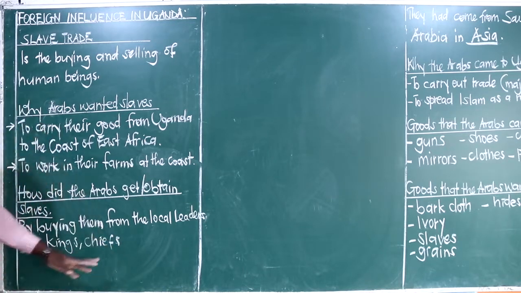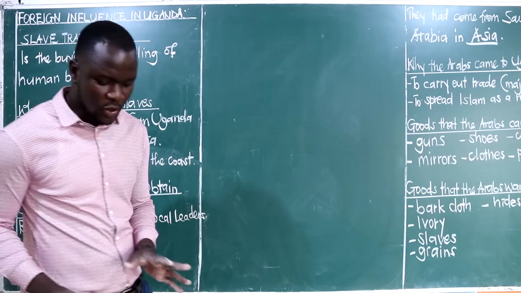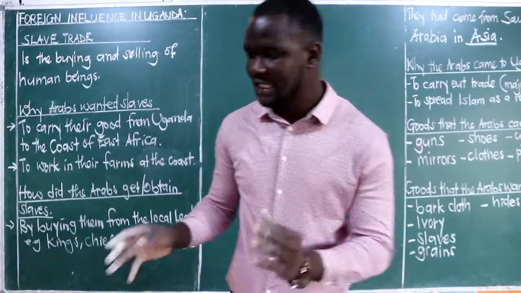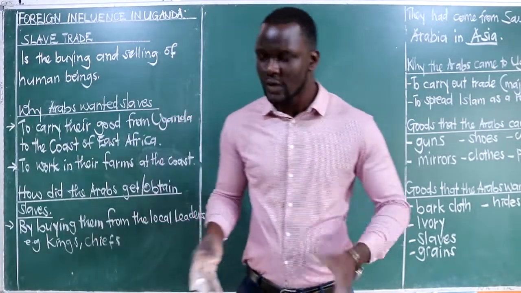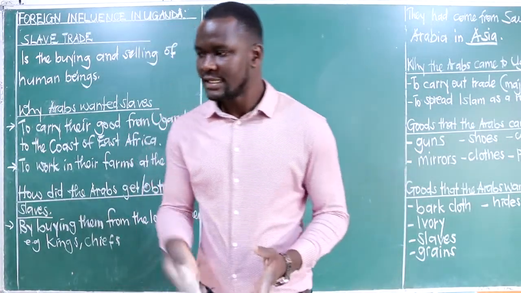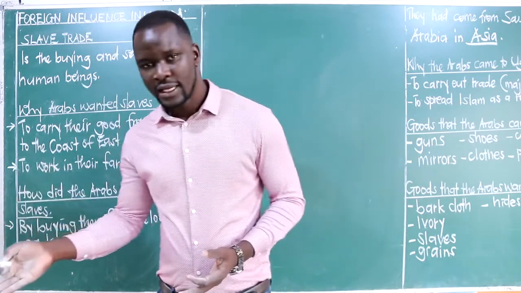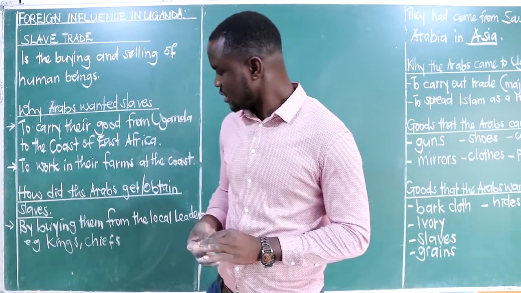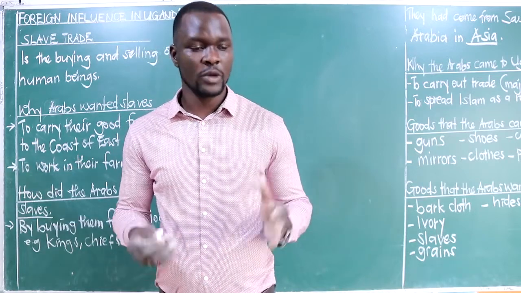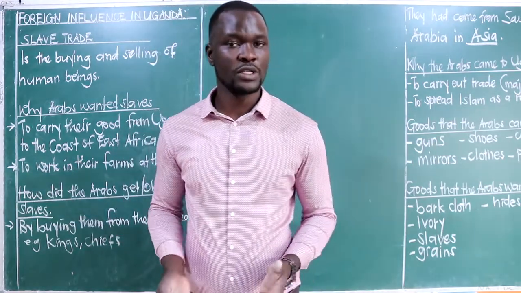These are the ones that we are looking at mainly. So you will find that the Arabs could come to a kingdom, to a chiefdom, or to a society, and they say, where is the leader? They are taken to the king. And from there, they say, Your Highness, we want some help from you. We want some people to help us carry our goods that we have got.